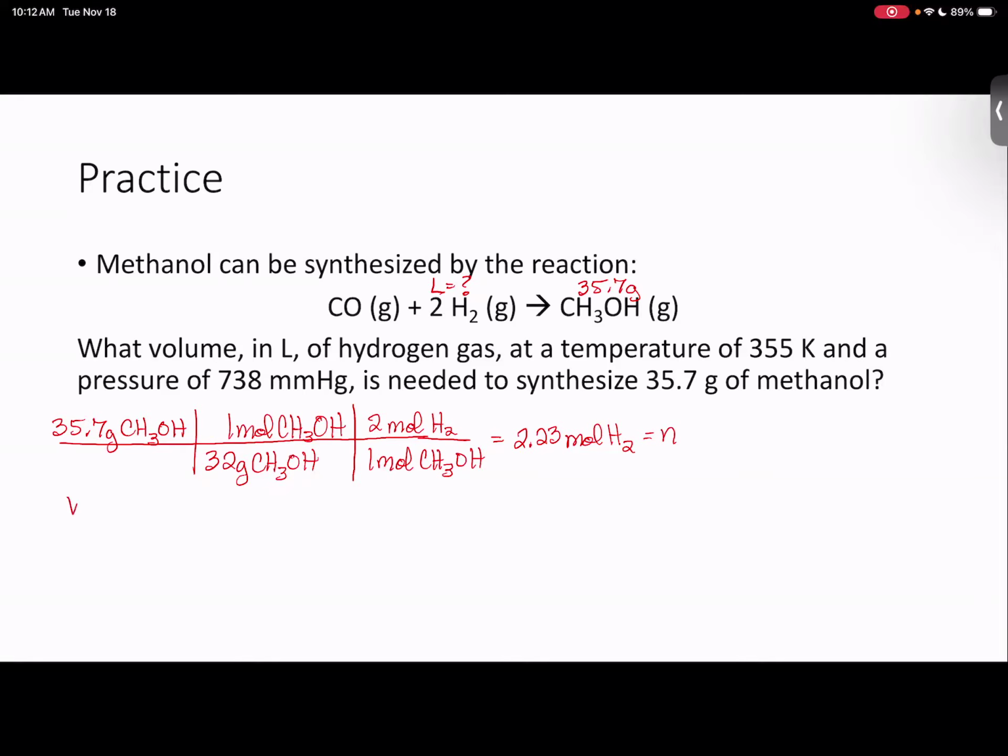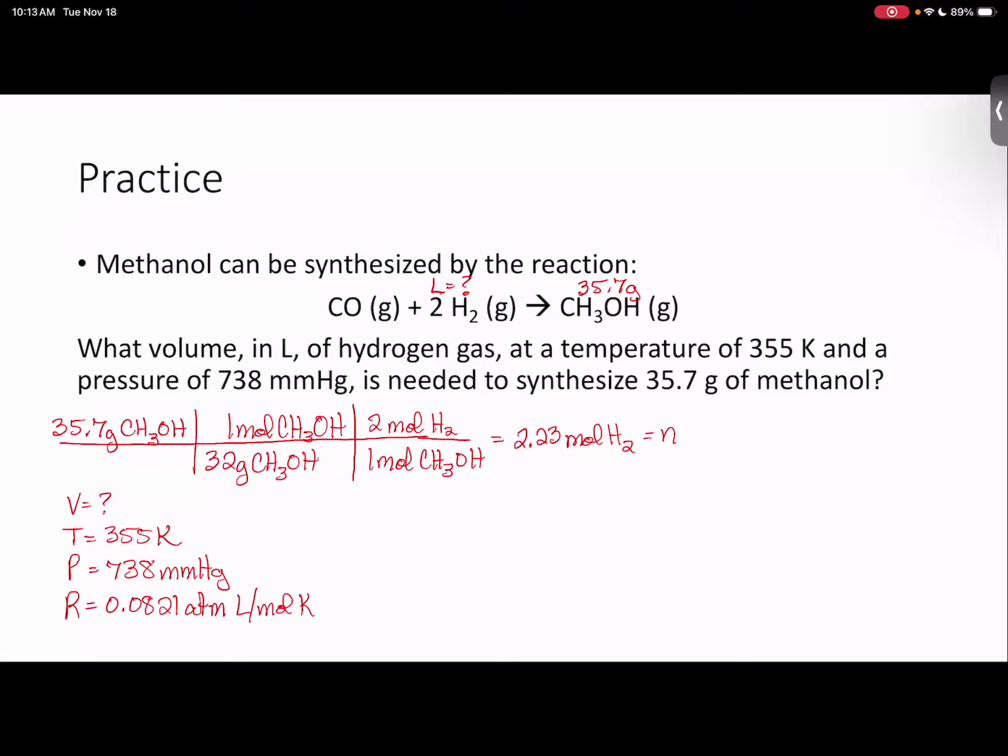We want to know V. We are given the T at 355 Kelvin and the P at 738 millimeters of mercury. We're ultimately going to use the ideal gas law because we have P, V, n, and T. But to do so, we need R, which is 0.0821 atmosphere liters per mole Kelvin.